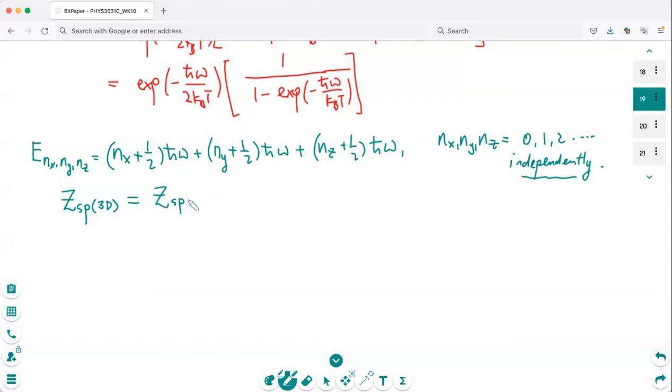So I'm going to put x, y, z for you. So this is the partition function for x. Then you have the y here, and then you have this. And for the way I set up the problem, it's not difficult to understand that they are the same. Each one of them is this. And you have three of them. So this is the result. And that is why all the effort we put in for the one-dimensional case is not wasted.